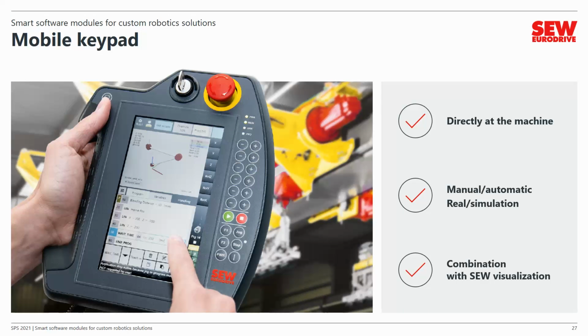As a straight continuation of the simple entry in the interpreter, we have also designed the user interface to be used on a mobile keypad to allow the motion sequences and coordinates to be easily adapted directly on the machine by means of parameterization without requiring the services of an IEC specialist.